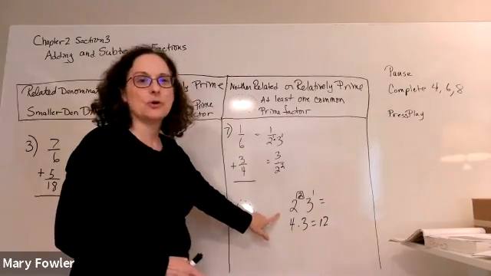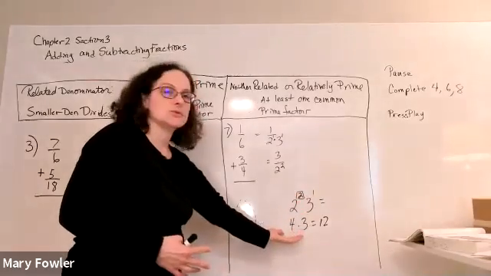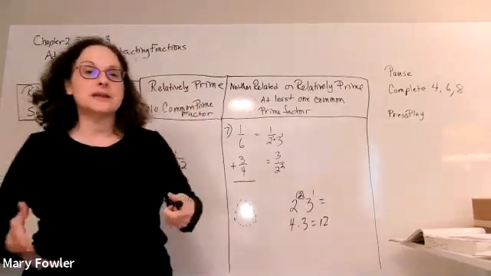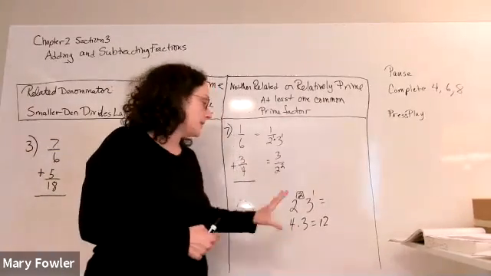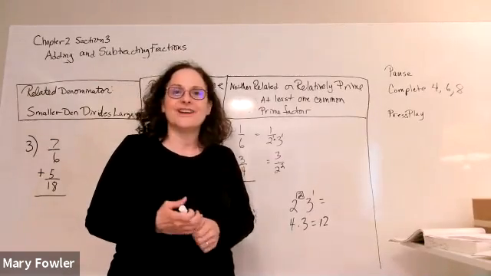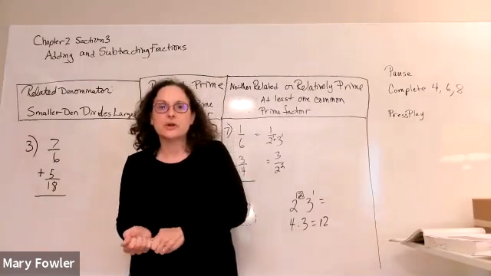In that case, you have to go through the extra little trouble of finding the common denominator using this procedure. Also, we'll begin to gain some speed and skill, but I'm in no rush. You're in no rush. This is all about understanding the way the numbers interact with each other.